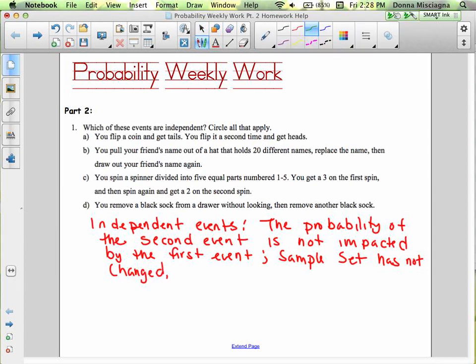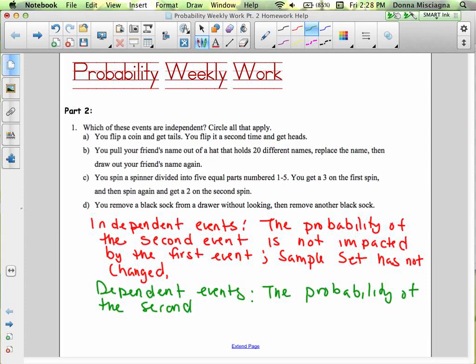Dependent events, the probability of the second event is affected by the first event.